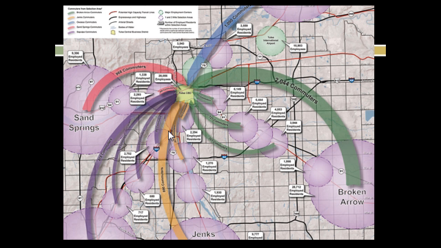Now, I've got one further example of this idea of a commuter shed, which hopefully will illustrate it just a little bit better. I've got this map here. And the map is basically of Tulsa, Oklahoma. And in the center of the map, we have the node. The node is Tulsa's CBD, which stands for the Central Business District, basically downtown, the collection of skyscrapers where people work, typically in white-collar work.